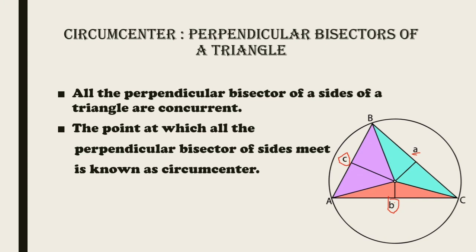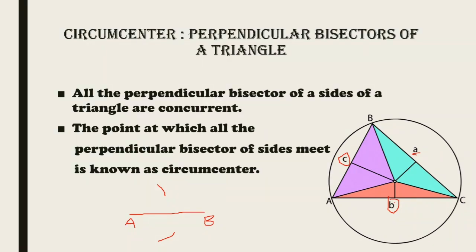First of all, just recall what is a perpendicular bisector. You can see here point A and point B, and how to draw a perpendicular bisector of this line segment. By taking A as center and a radius more than half of AB, we draw two arcs above and below AB.